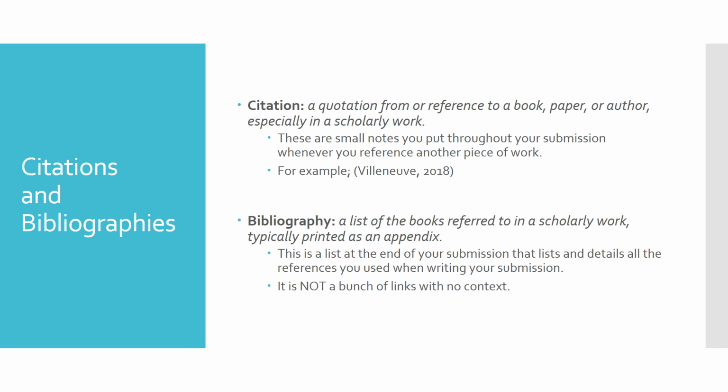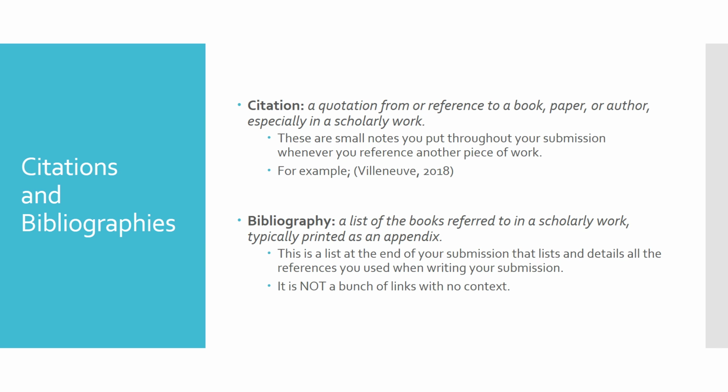So just really quickly to talk about what each of these things mean. A citation is a little note that you put in throughout your submission, which tells the reader exactly where and what piece of information you used in your piece. So it's just in brackets, the name of the source and also the year as well.